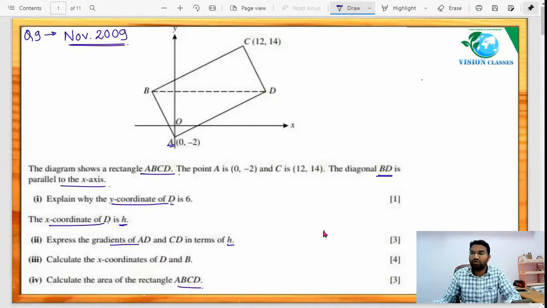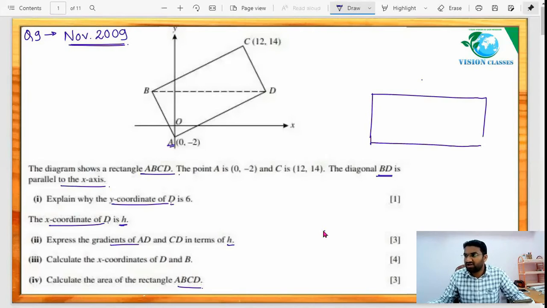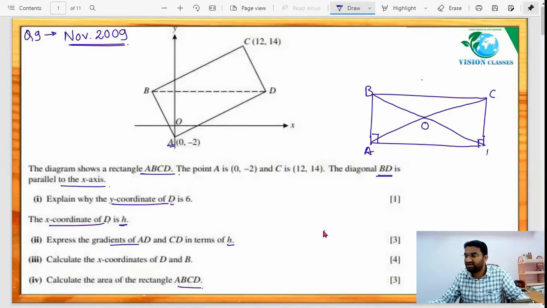Okay, so I hope you know the properties of a rectangle. Opposite sides are equal, all angles are 90 degrees, and the diagonals meet at O, which is the midpoint of AC as well as BD.